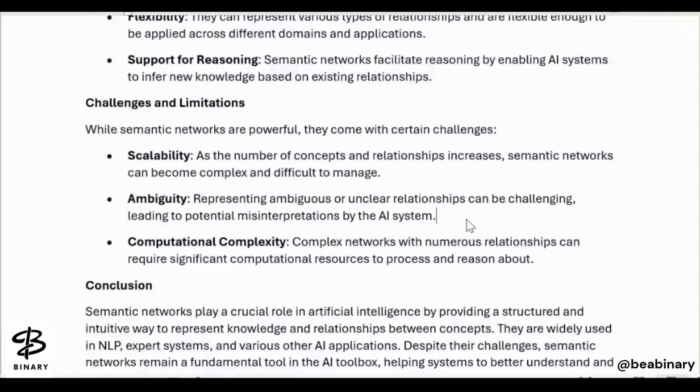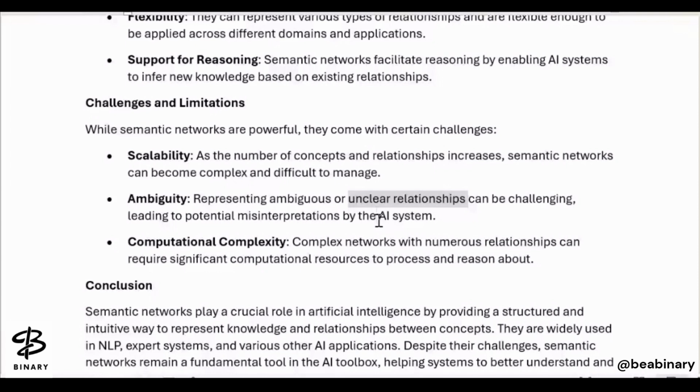Simply, when two nodes have the same meaning, what is the correct one, right? So differentiating between them will be difficult for the AI system. Similarly, unclear relationships, ambiguity or redundancy in our networks can cause misinterpretation by a particular AI system.